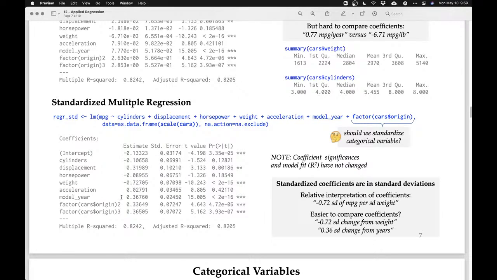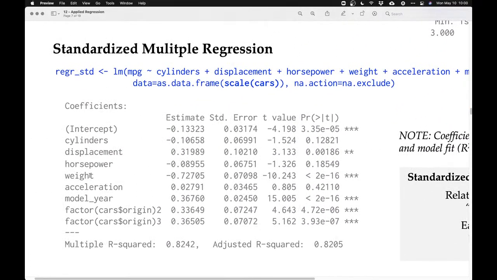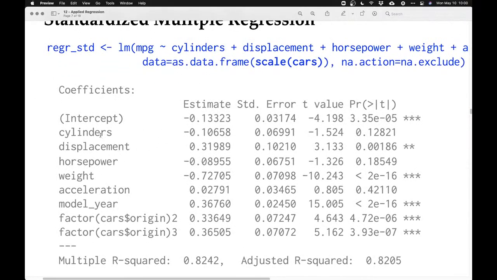All right, so now we can do some comparisons. We can look at cylinders with its coefficient of -0.1, and we could look at weight with -0.72.